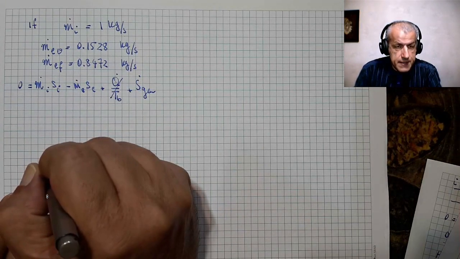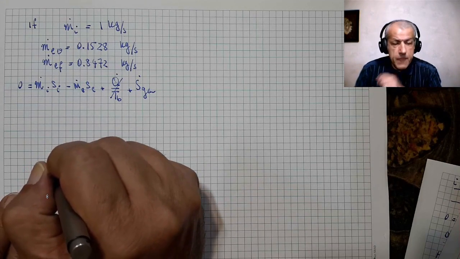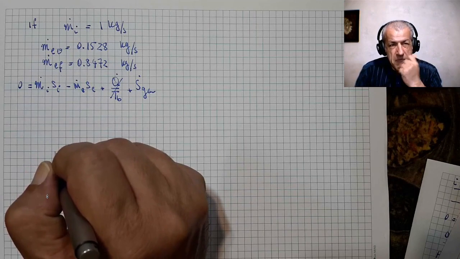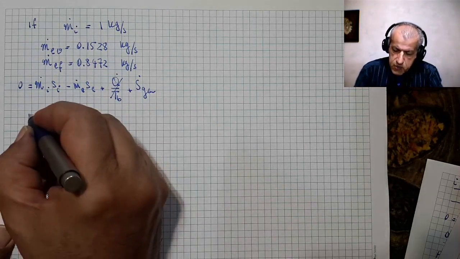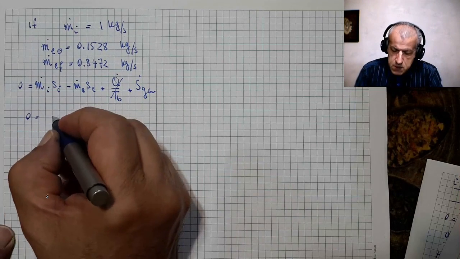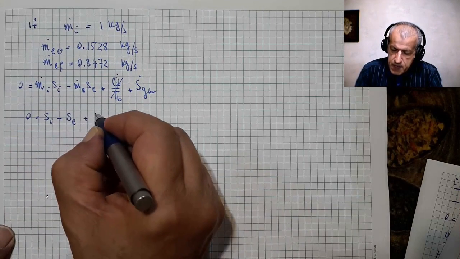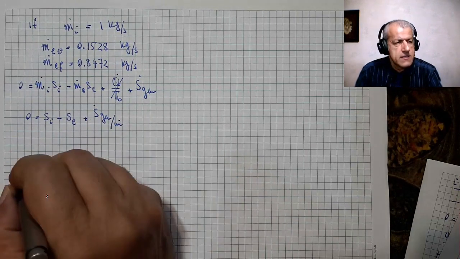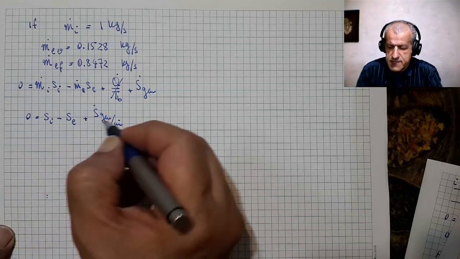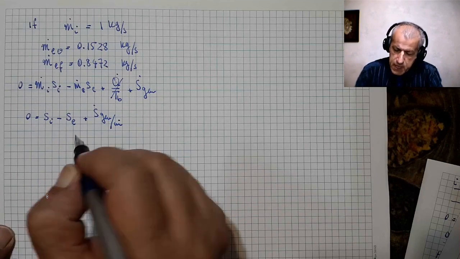Let's get rid of the heat term since the problem is adiabatic. Divide everything by mass since m dot I equals m dot E, and the equation reduces to 0 equals Si minus Se plus S dot Gen divided by m dot.